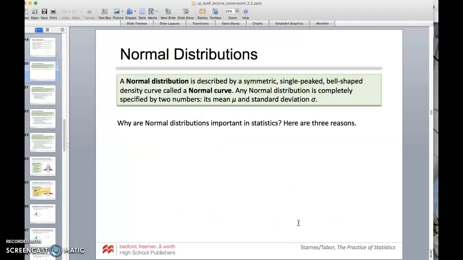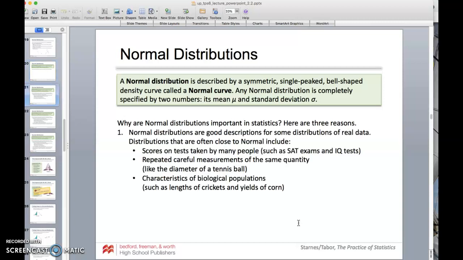Now, why are normal distributions so important? Here are just a couple of reasons, previewing a few things. A lot of times when you take scores, SAT, ACT, IQ tests, those really come in those shapes. If you're doing quality control, like measuring the diameter of a tennis ball, you're going to see they're not all exactly alike. There's a little variation, but they take that shape.